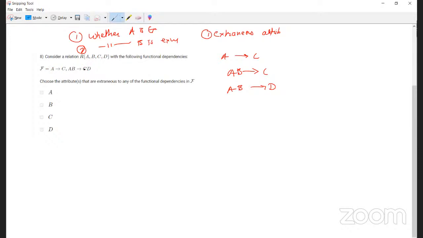Now suppose I want to check on the right hand side of this functional dependency. A determines C. If I take the closure of AB, I will get ABC, right? So I can say AB determines C also here.